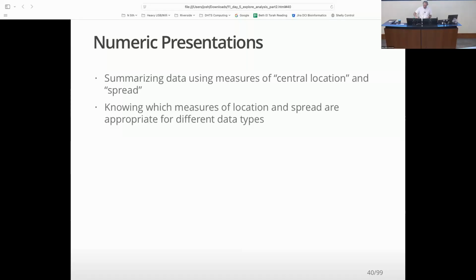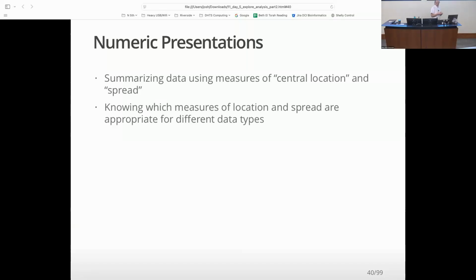And here's where we're going to actually do a little bit of using R, although like I said, I'm not going to be doing it hands-on too much. Often people will want to represent data, summarize it by looking at measures of the central location and the spread.